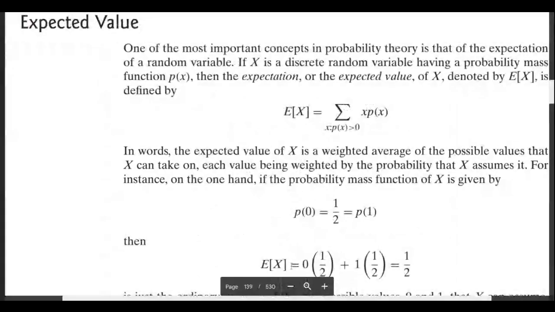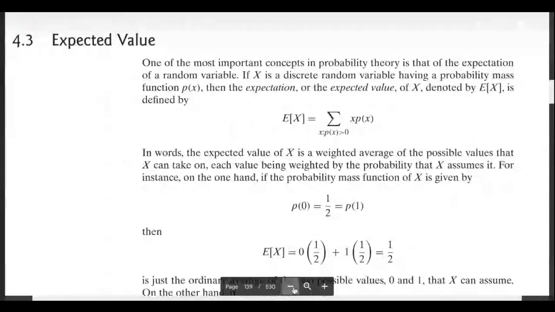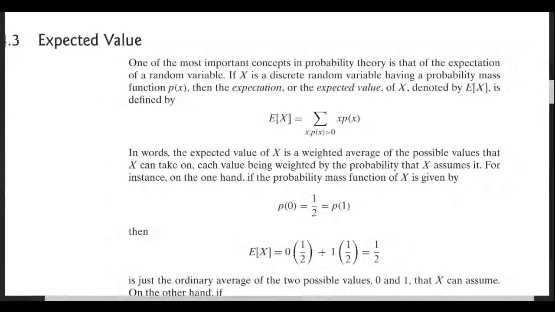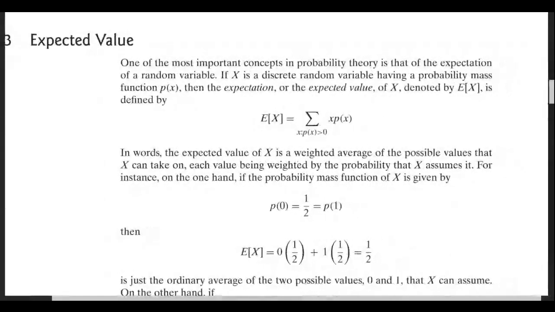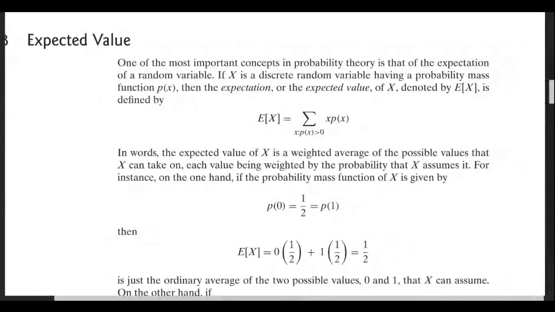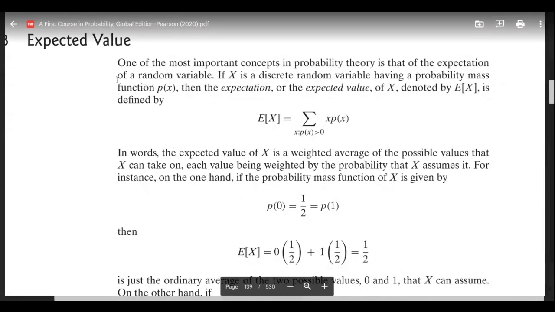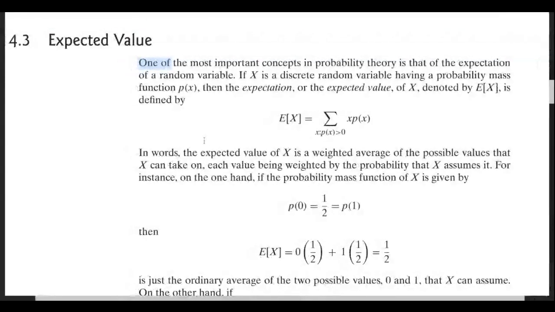Today, my plan is to talk about expected values, which, as I mentioned the day before yesterday, is a very important concept of probability theory, and we use it to predict many things.